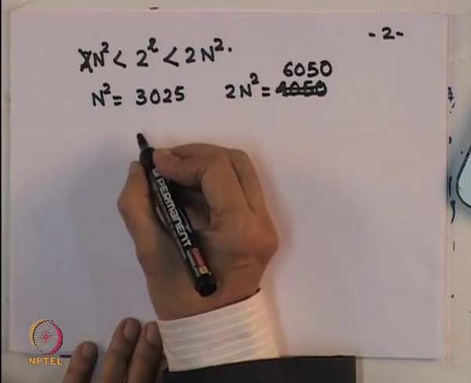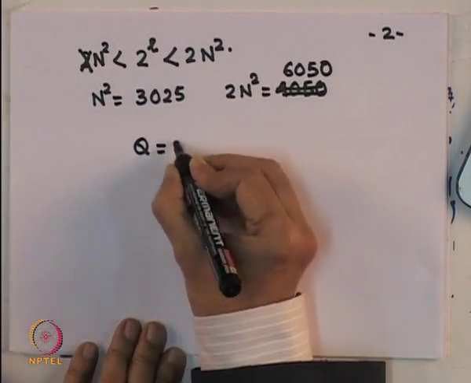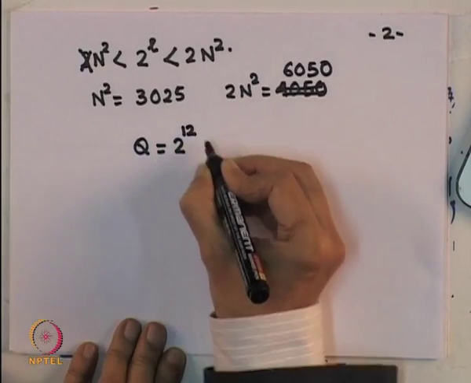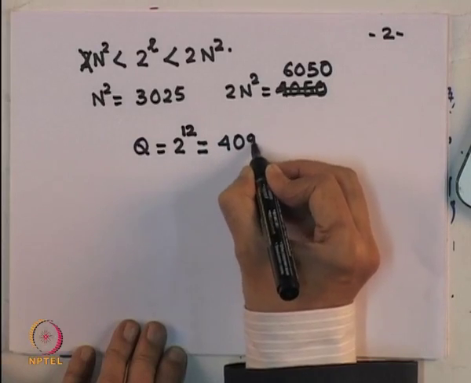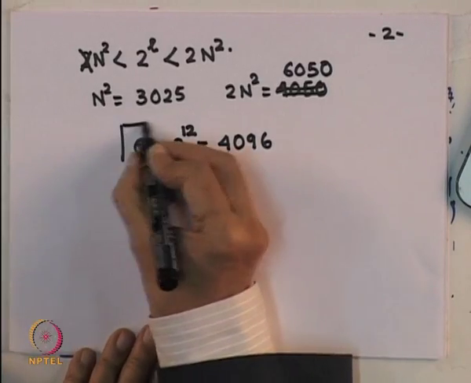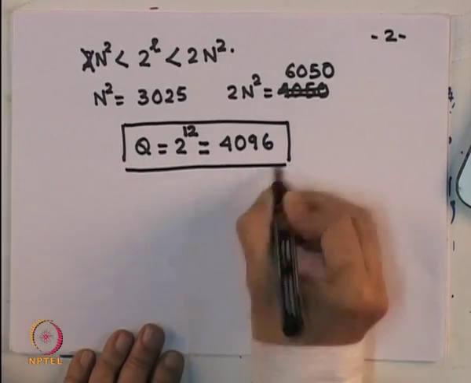And you can then see that the possibility is Q equal to 2 to the power 12 equal to 4096. So therefore, I take a 12 qubit register.